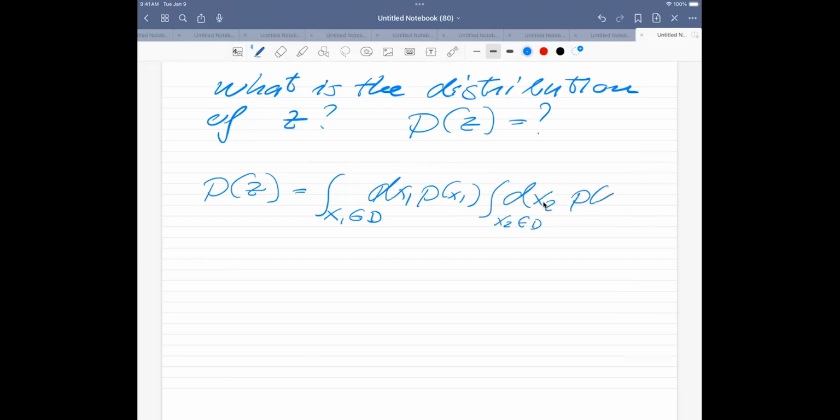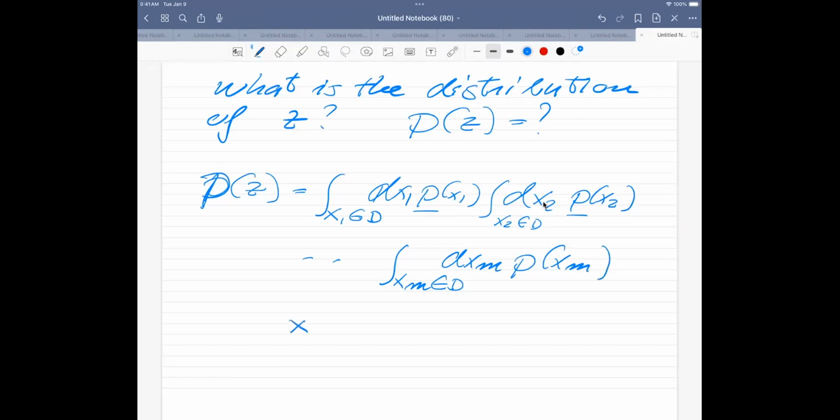So these are the small guys here. This is the uppercase probability, and the smaller ones are the same. So this is not the same as these guys. These are all the same. And this runs all the way up to an x of m, and then I have a dx of m times p of x of m.